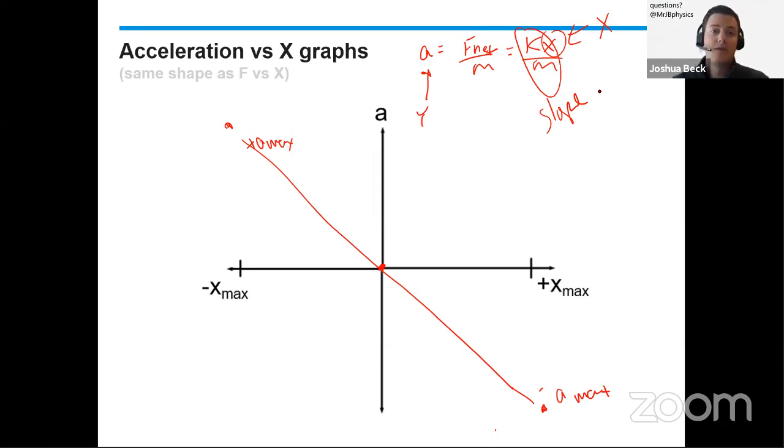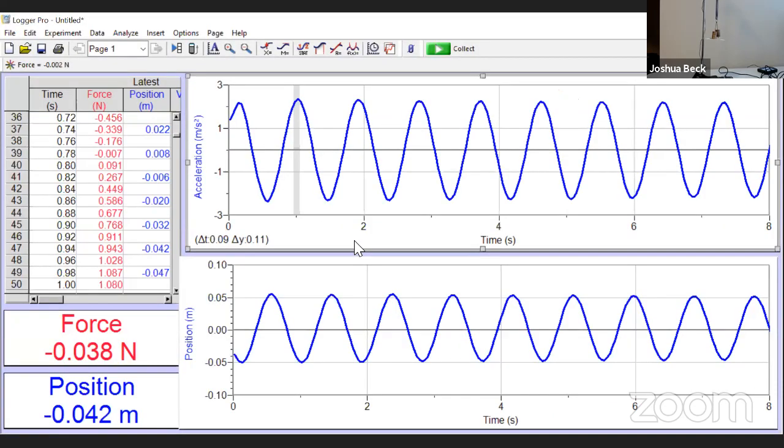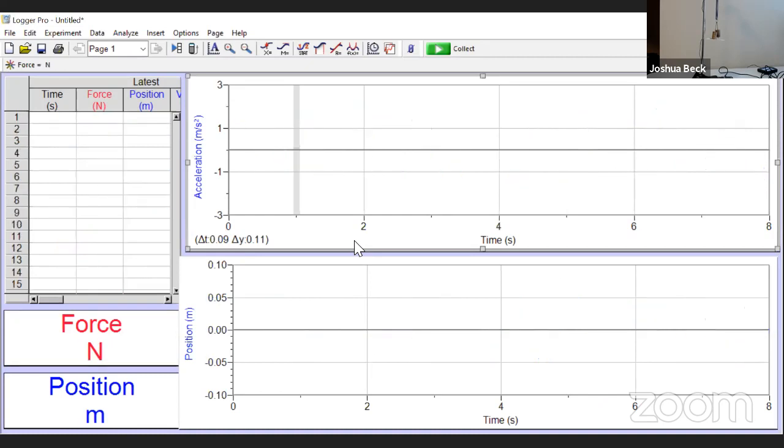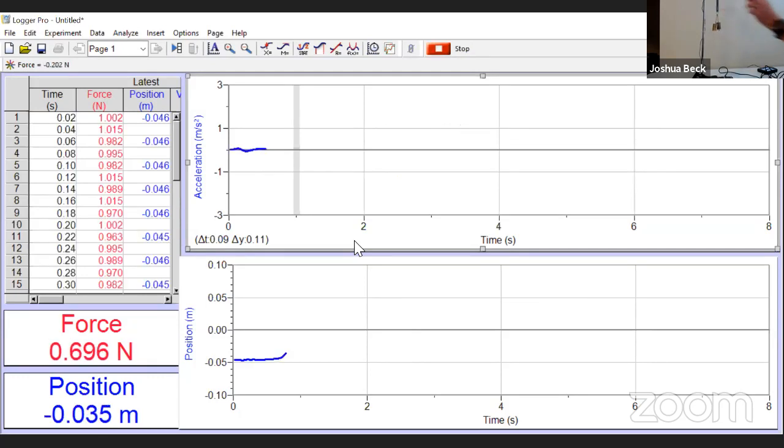Going to go back to our little camera here. This is going to give you a picture of our setup again. Hopefully you guys can see that over on the side. And I'm going to switch the main screen back to our data collection. Okay, so first let's see if I pull this thing down. I'm going to collect some data here.